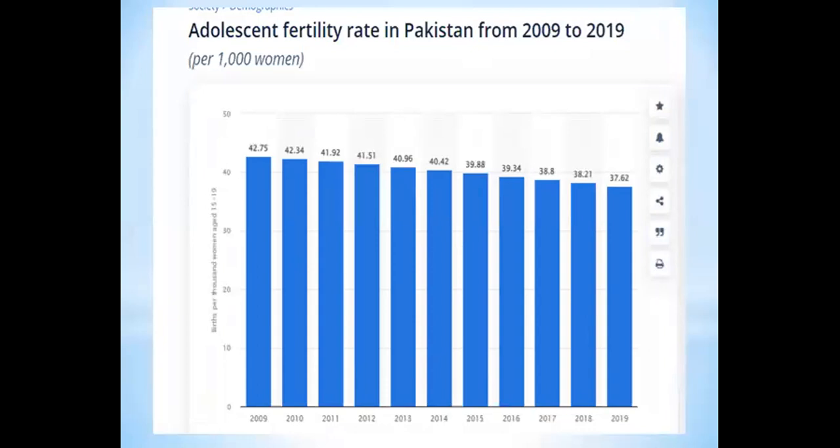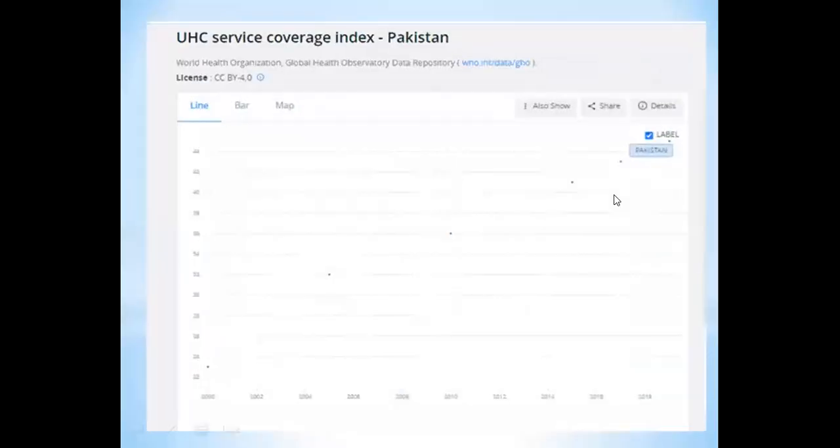Adolescent fatality rate: in 2009 it is 42.75%, and then in 2019 it is 37.62%. Universal Health Service Coverage Index is increasing from 2000 to 2018, it increased up to 45%.